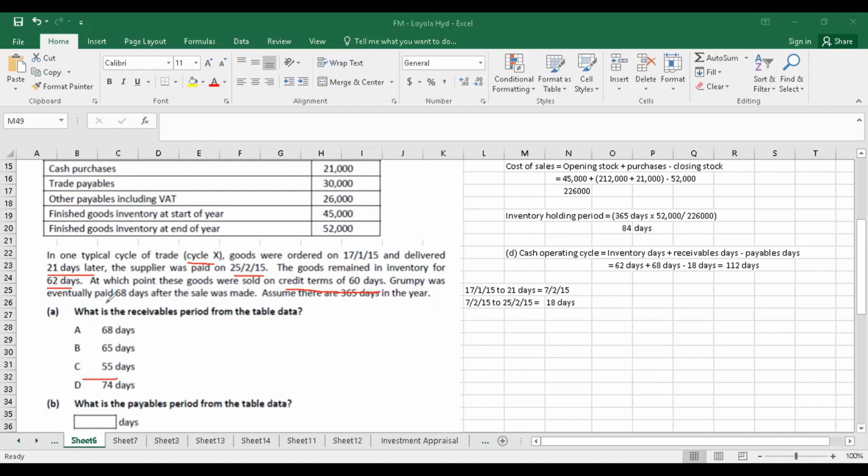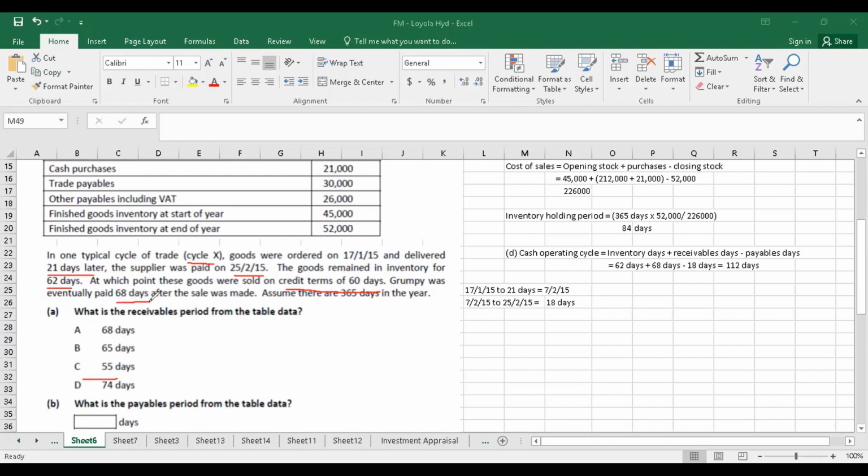Immediately as soon as the sales were made, cash was not collected, but rather they collected some 68 days after the sale was made. Assume there are 365 days in a year. So in this particular case, the receivables period that is given is 68 days.